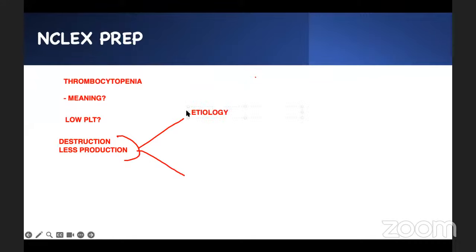So what are the etiology of platelet destruction or production? Somebody say aplastic anemia, right? Bone marrow suppression. Bone marrow suppression it may be kind of chemotherapy related, right?